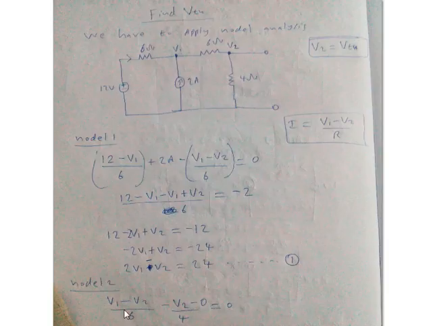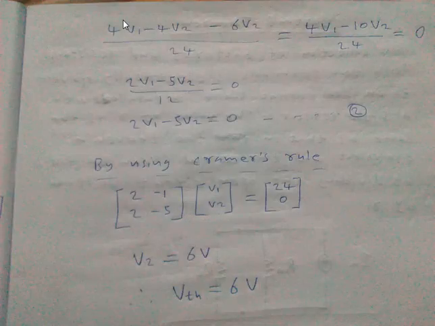When we convert this into the equation, as you know, the LCM of 6 and 4 means we have to multiply 4 with V1 minus V2 and 6 with this. So the answer will be 4V1 minus 4V2 minus 6V2 divided by 6 into 4, that is 24, is equal to 4V1 minus 10V2 divided by 24.